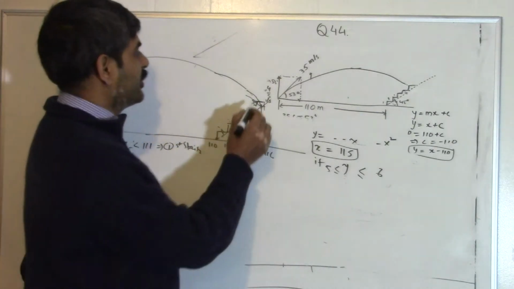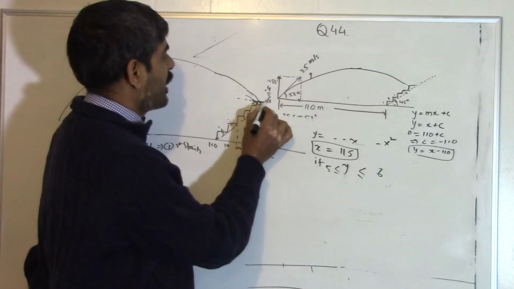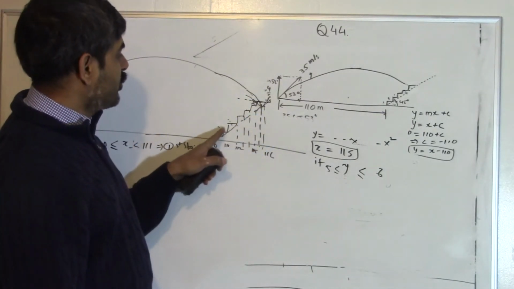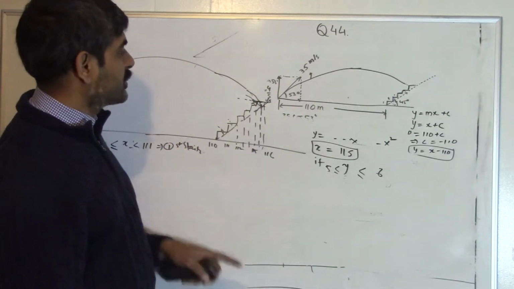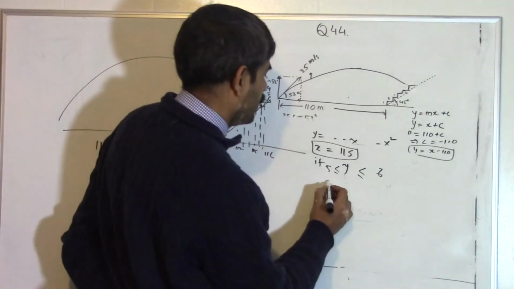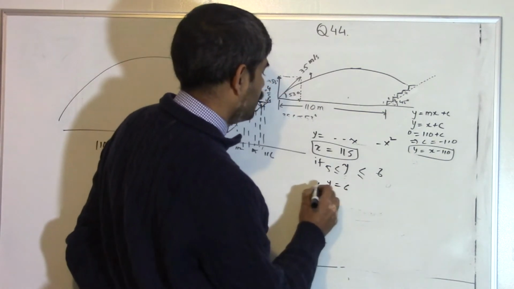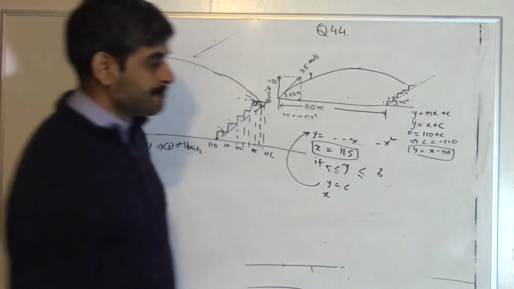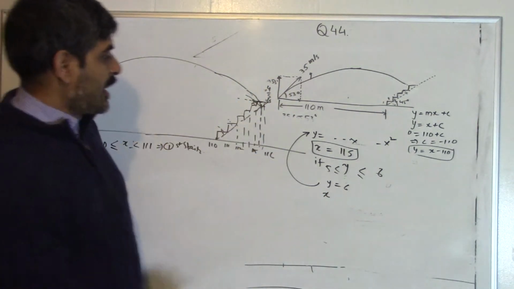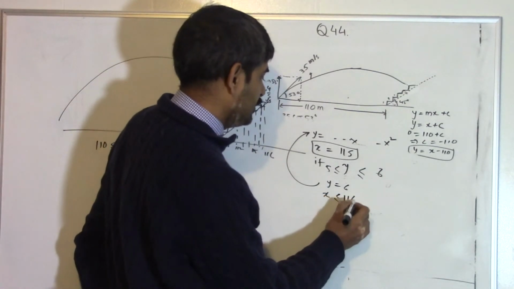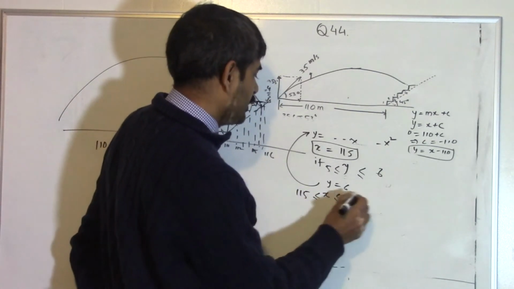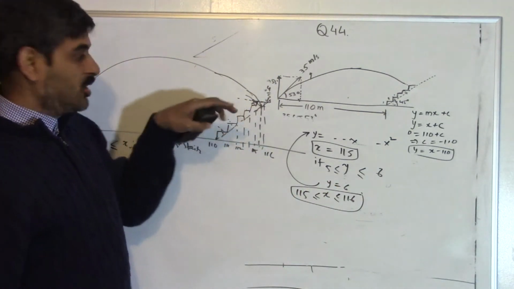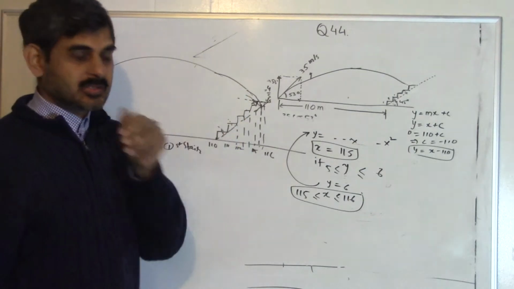We need to check whether this projectile hits this line. For that, this line has the equation y is equal to 6. Substitute this value of y here and find the value of x. If that x lies between 115 and 116, that means the ball has hit this particular horizontal bench and not the vertical bench.